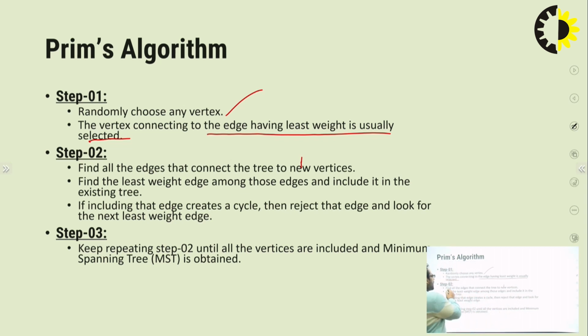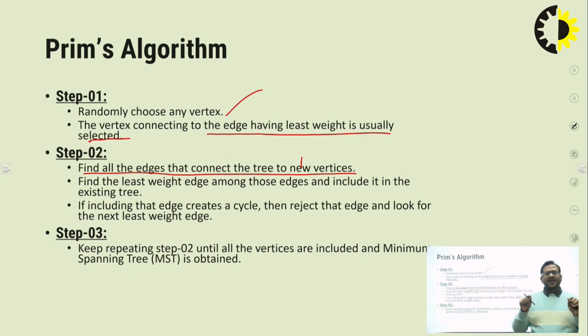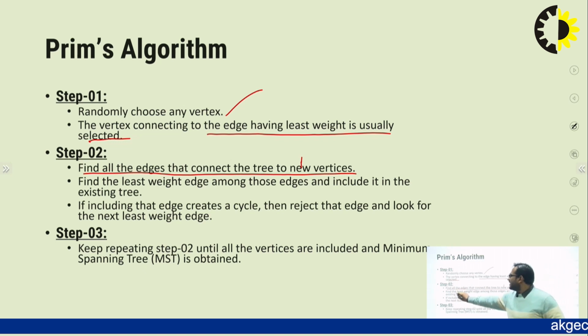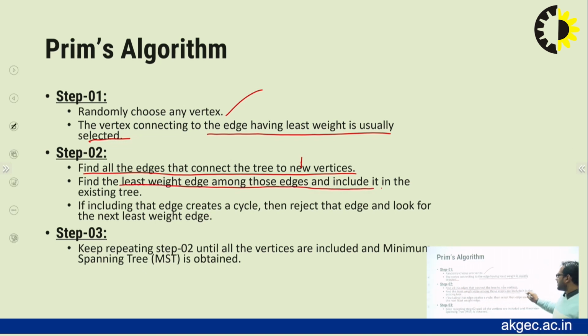Step 2: find all the edges that are connected to the tree at the new vertex. So whatever edges you select, they have to be connected to the tree at a particular vertex. Whenever we create an MST using Prim's algorithm, the MST is created in a connected way, right? Find the least weighted edge among these edges and include it in the existing tree.